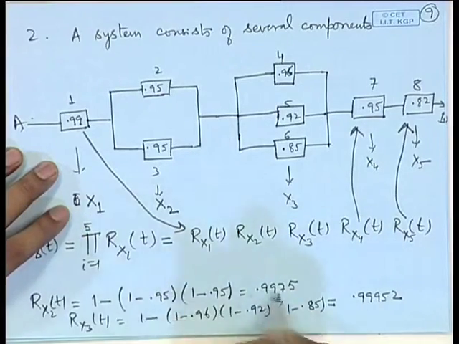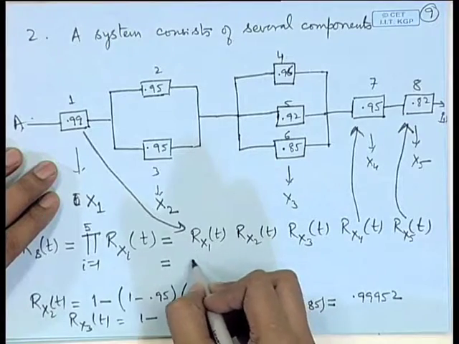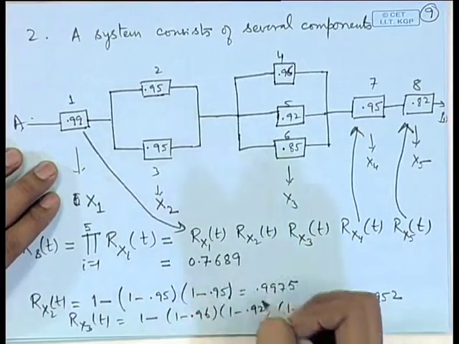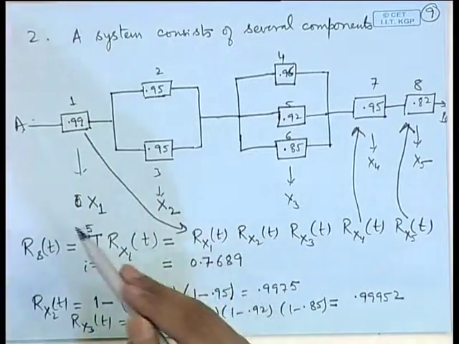If we substitute these values in this formula, we get 0.7689. This shows that the reliability of a complex system can be calculated by using the formula for the reliabilities of the individual systems, which are connected either in parallel or in series form.